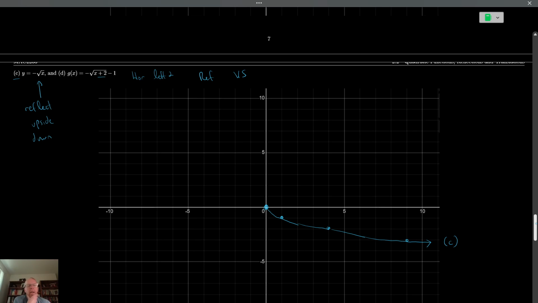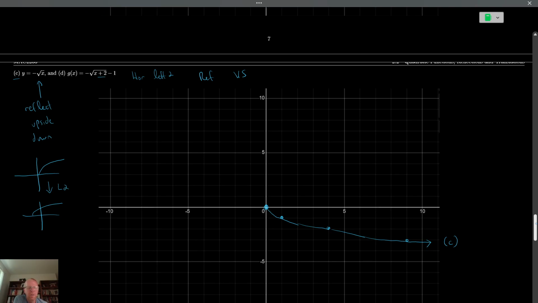I didn't give myself room, but I might do this one in steps. So start with the original square root of x. Now move left 2, and just kind of do this. Just kind of a sketchy approximation, I guess, is a better word.